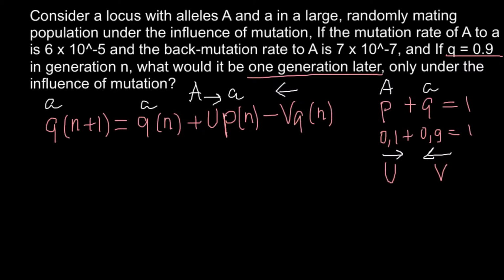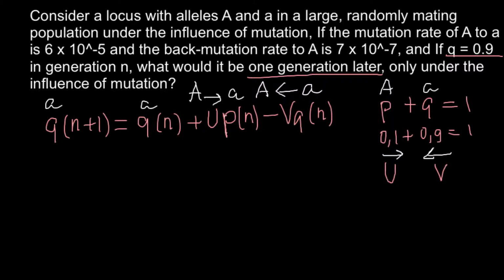And here we would have the mutation of the recessive allele into the dominant allele, and here is going to be its rate. So this is the backward mutation: recessive allele into dominant allele.